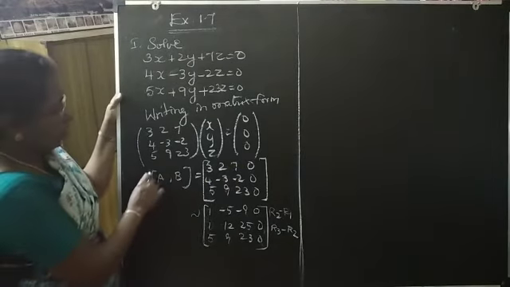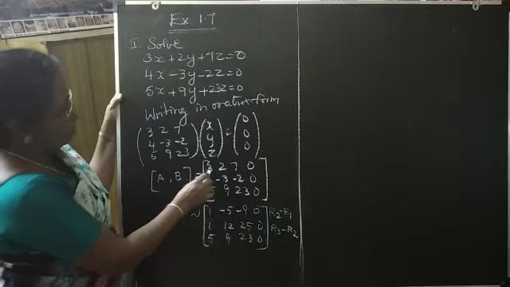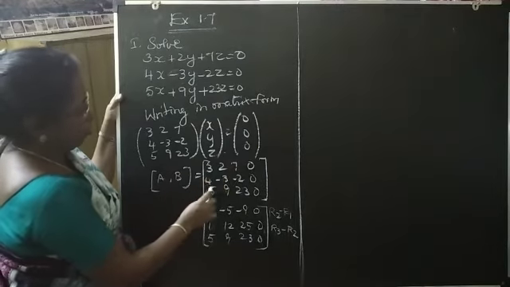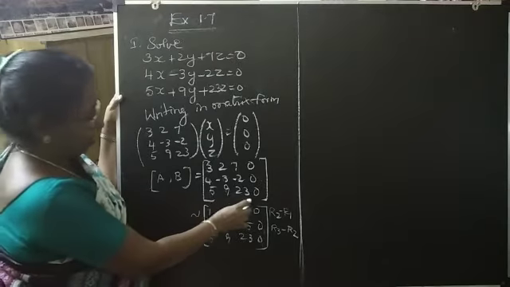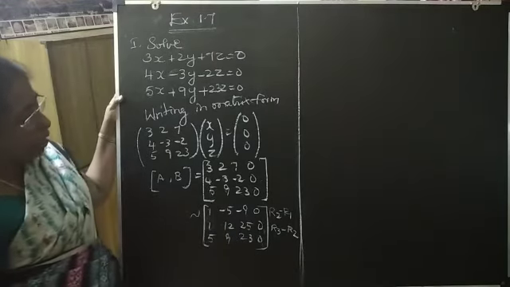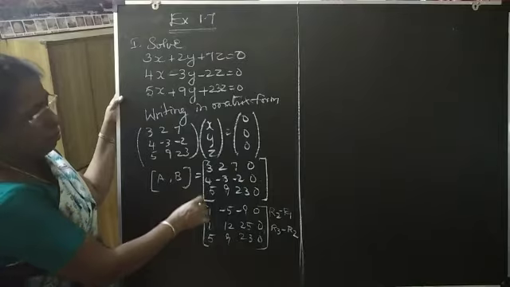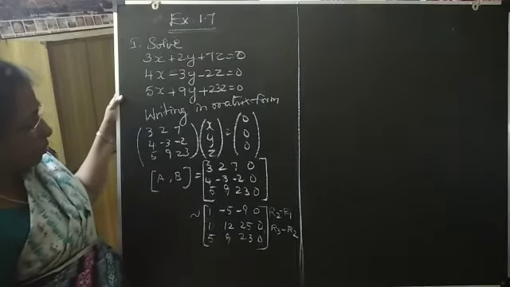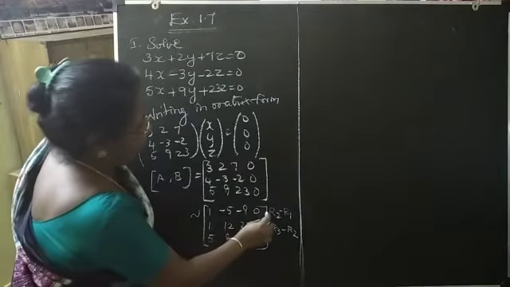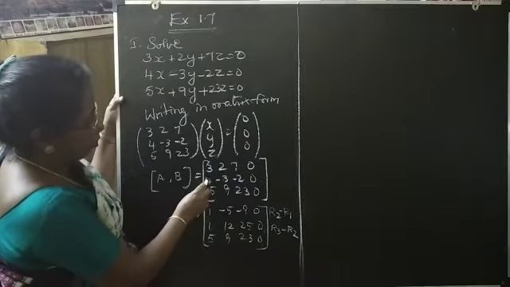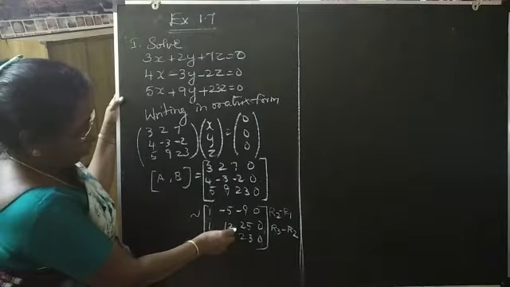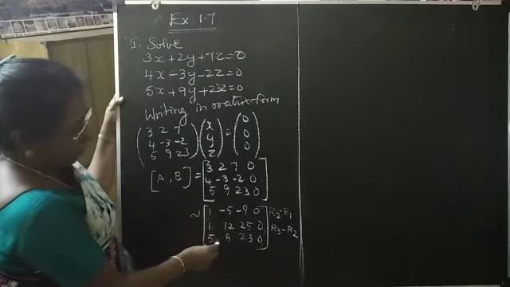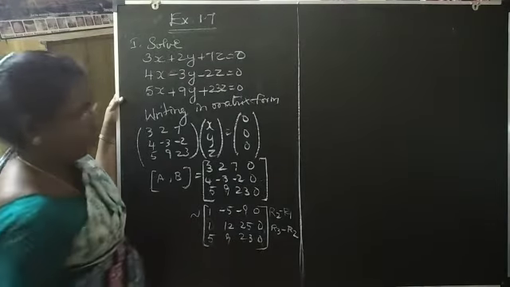So now, writing the augmented matrix AB is equal to 3, 2, 7, 0, 4, minus 3, minus 2, 0, 5, 9, 23, 0. Next, our aim is to write this in echelon form. So, to write this in echelon form, let us write the first row R1 as R2 minus R1, second row as R3 minus R2, third row as it is 5, 9, 23, 0.